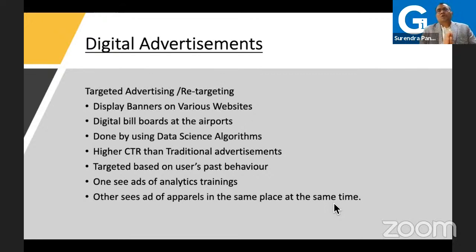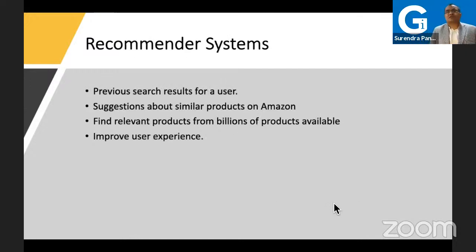You want to trap the consumer for your product and services. That is all possible when you understand consumer behavior, what the consumer is thinking about your product and services. There also data science helps a lot.